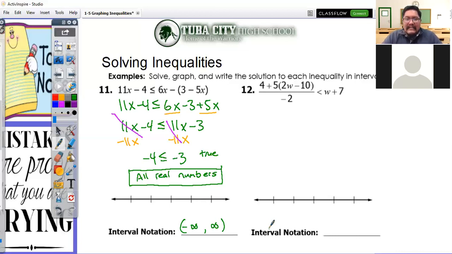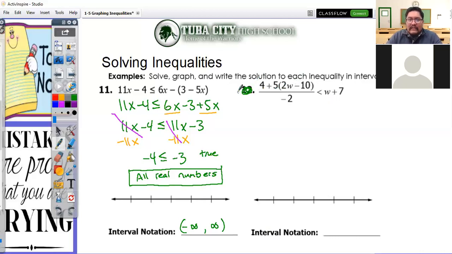And now we've reached our last problem. Now remember, we have our steps. First step is to get rid of groups, which actually this one is a fraction, and a fraction is a group. So again, don't forget that either, because this is like a hidden parenthesis around the whole thing, but you don't see it.